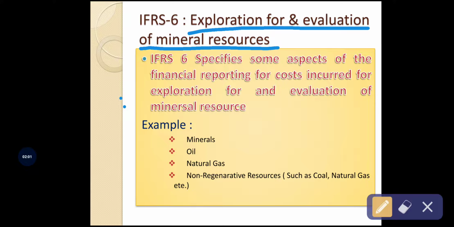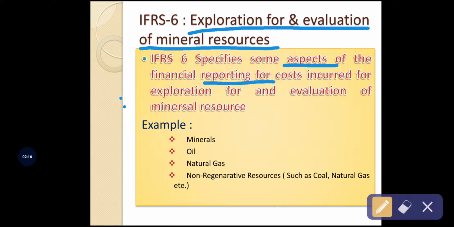The meaning says that IFRS 6 specifies some aspects of financial reporting for costs incurred for the exploration and evaluation of mineral resources.